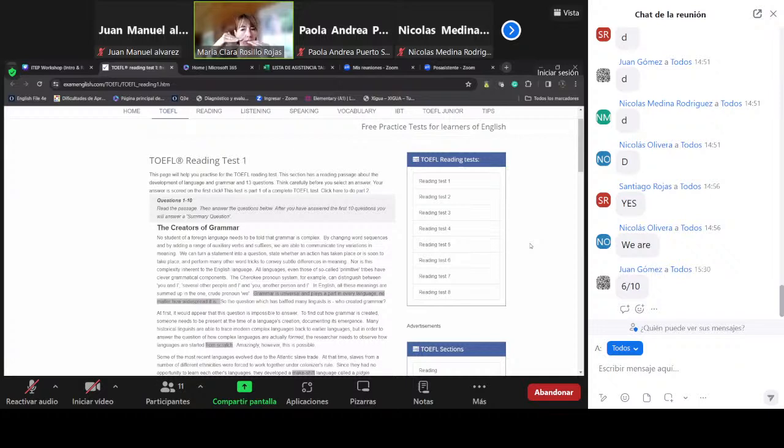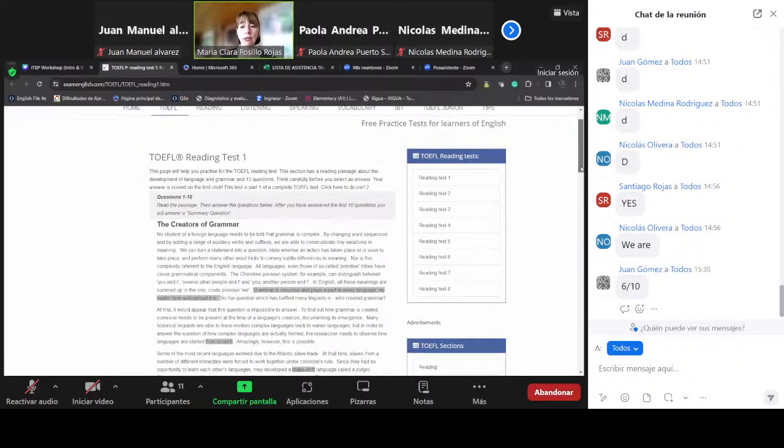Even if TOEFL has some higher level exercises, it would be perfect. Because if you do this, the same type of exercises, you would do even better in the ITEP, okay? Because the TOEFL is a little bit more difficult.